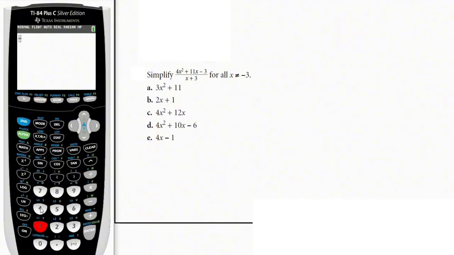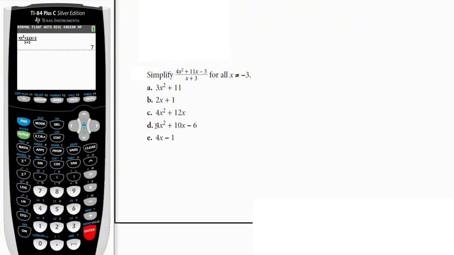So we have 4x squared, plus 11x, minus 3, over x plus 3. So that's it. Let's press enter now to see the output.